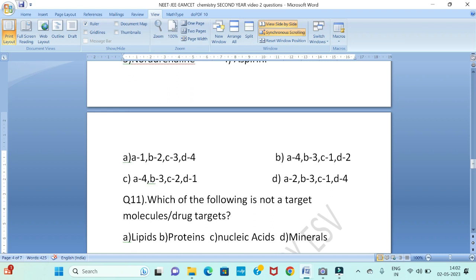Like that you can remember, no me, no molecule. Minerals are not target molecules or drug targets, and vitamins are also not target molecules or drug targets. Vitamins and minerals both are soluble in water.